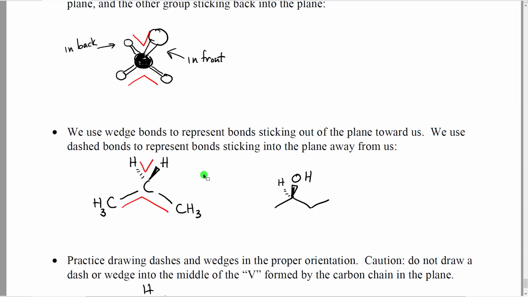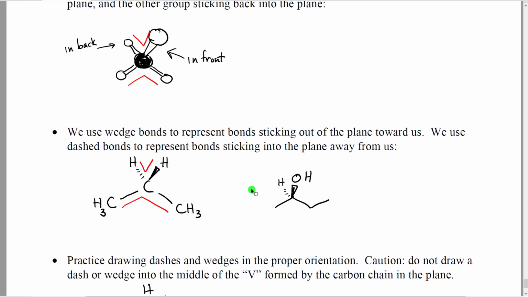Bonds that are behind the plane technically are hidden, and when people draw three-dimensional drawings and want to show something hidden, they use dashes. So we use a dashed bond to show that that bond is sticking back away behind the plane of the paper, kind of hidden from us.